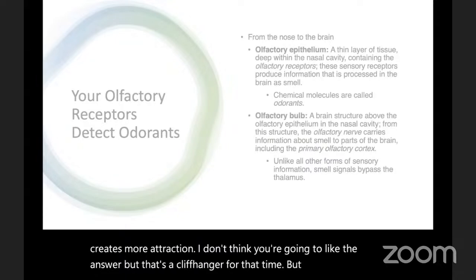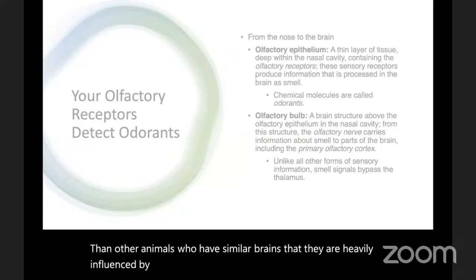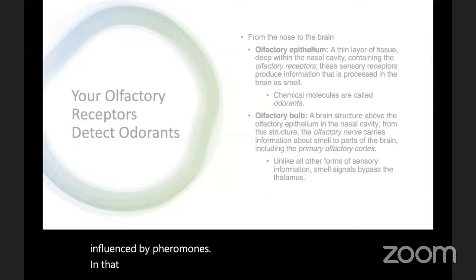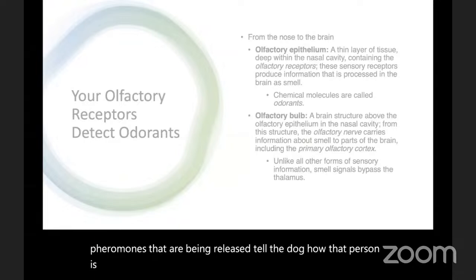But we also know that other animals with similar brains are heavily influenced by pheromones. That's why our dogs smell other dogs, because the pheromones being released tell the dog how that other dog is doing. They don't need to ask, so how are you doing today?